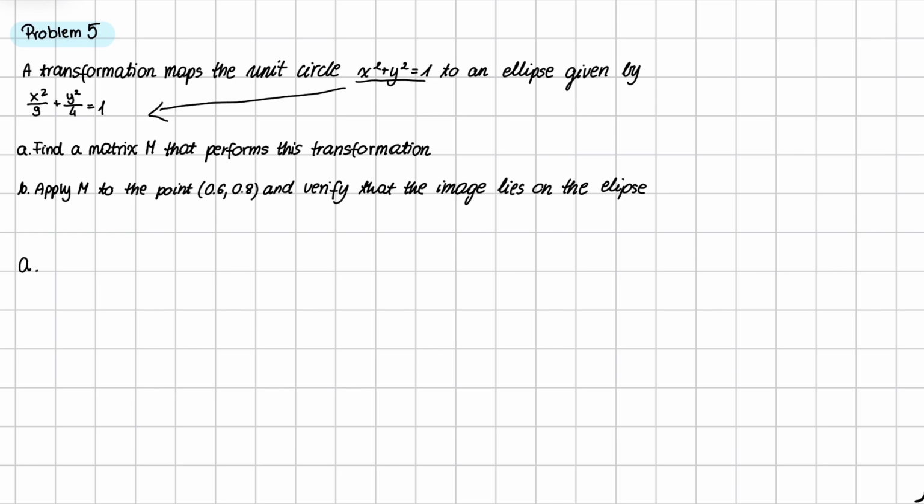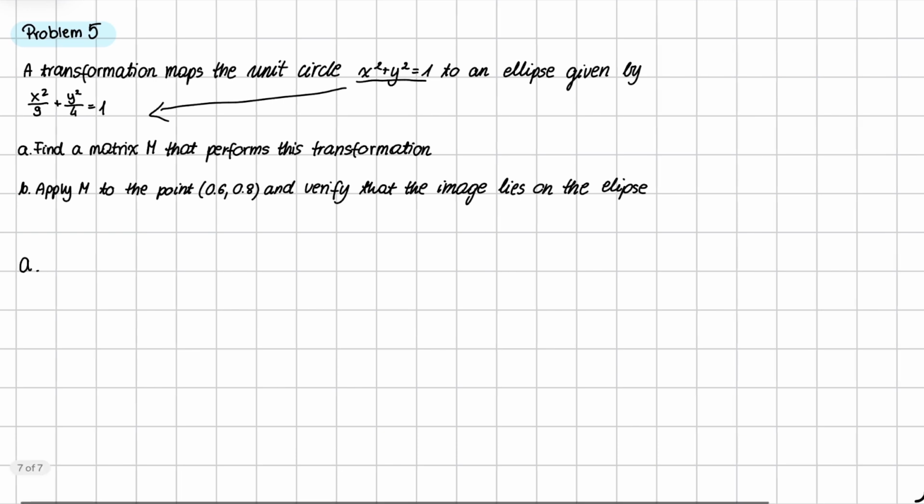So the first thing that we can observe is that we have letters squared in the numerators. So we have x squared and y squared, and in the denominators we have values that can be squared to give us these values. So basically 9 is 3 squared and 4 is 2 squared.